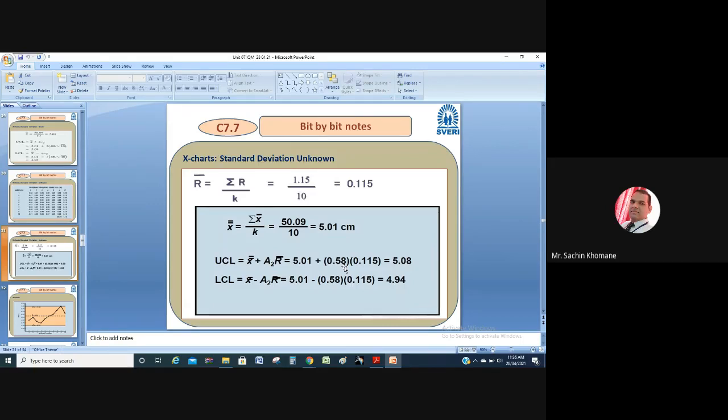Now we are ready with UCL and LCL. I have given two samples: how to calculate UCL and LCL when you know the standard deviation and when you don't know the standard deviation. Ready? Now we have to draw this graph.